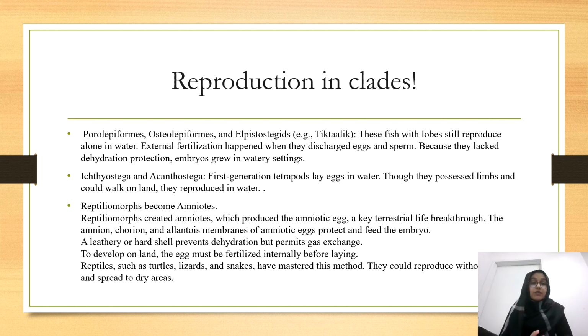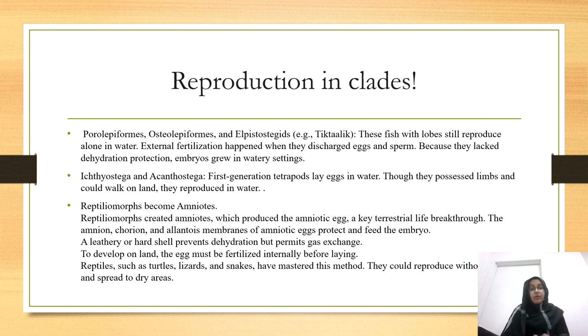Okay, the other clade was reptiliomorph. Reptiliomorph is an amniote, which is produced by the amniotic egg, a terrestrial life breakthrough. The amnion, chorion, and allantois are membranes of the amniotic egg that protect and feed the embryo. Again, they have a leathery or hard shell that prevents dehydration and permits gas exchange.